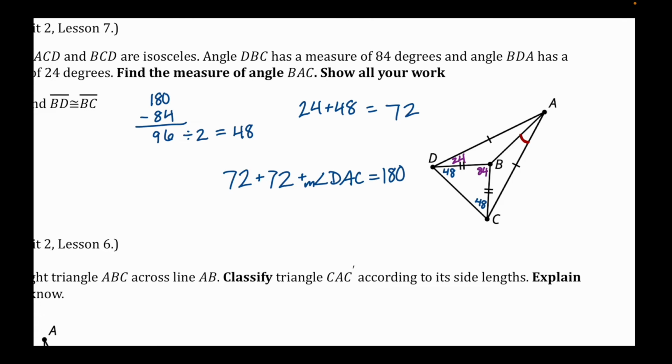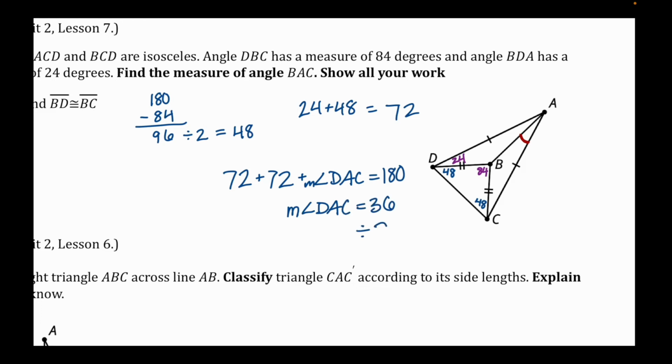So if I take 180 minus 72 and then minus 72, that's going to give me 36. So I could say the measure of angle DAC is 36.